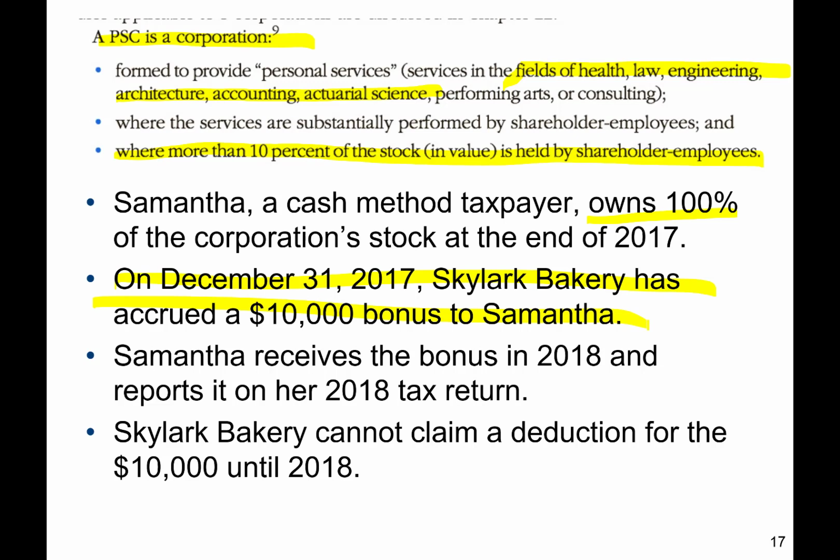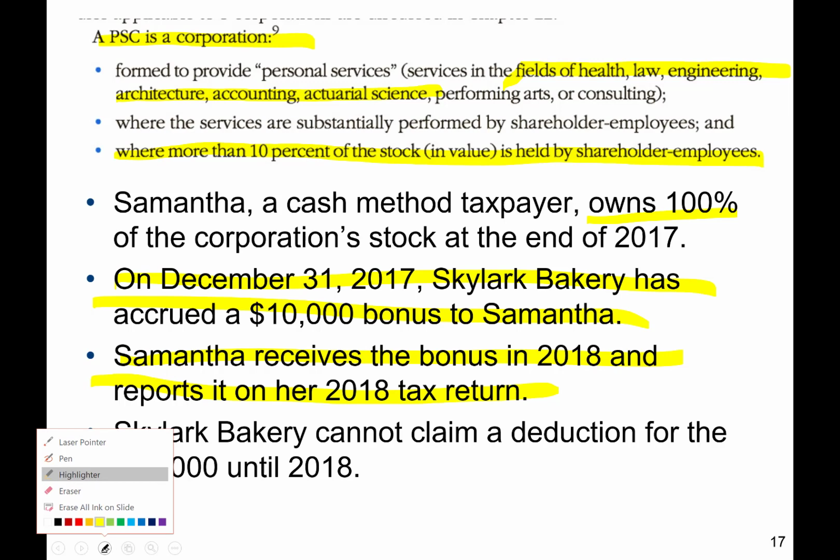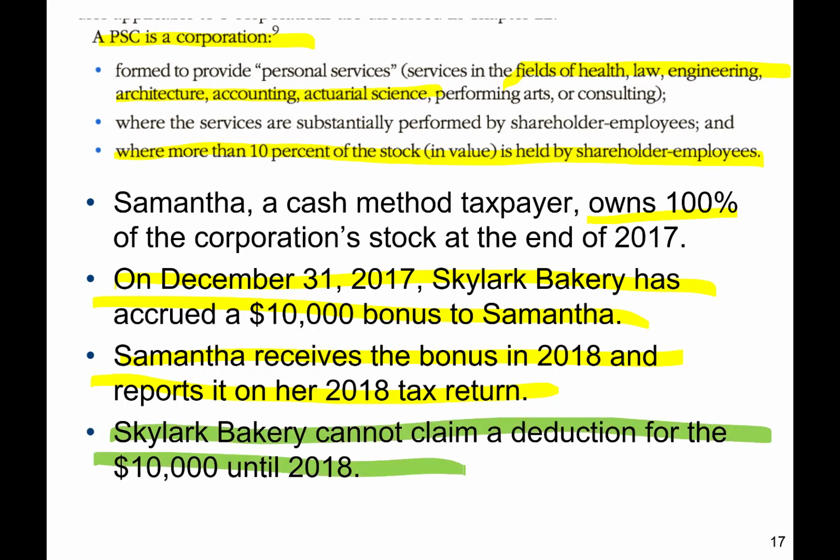So they debited some sort of compensation expense for $10,000, credited the payable, right? Okay. But what happens? She doesn't receive the payment of the bonus until 2018, and therefore will report that as income on her 2018 return, and she's a cash basis taxpayer. Therefore, Skylark, even though they are an accrual basis taxpayer, cannot claim the deduction until 2018 because Samantha is not going to report it in her income until 2018.